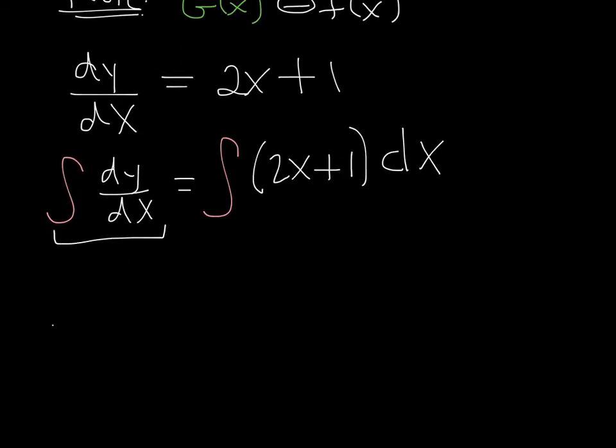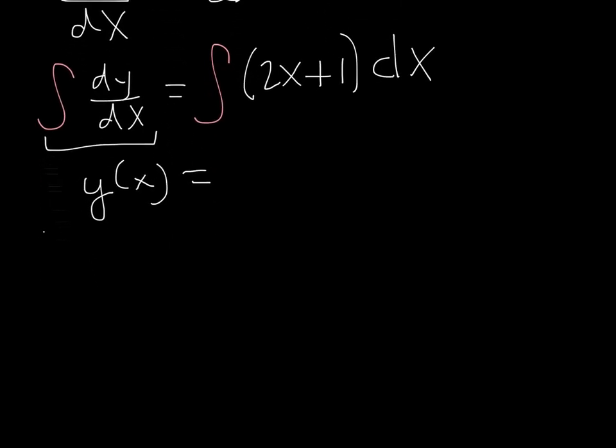This guy is really y prime, and that's your integral. So derivative and integral, I'm going to be left with y, or y of x. And when I integrate this polynomial, if you want, you can separate it, and I'm going to write all the steps. If this is too much review, that's fine, I just want to make sure everyone is on the same page.